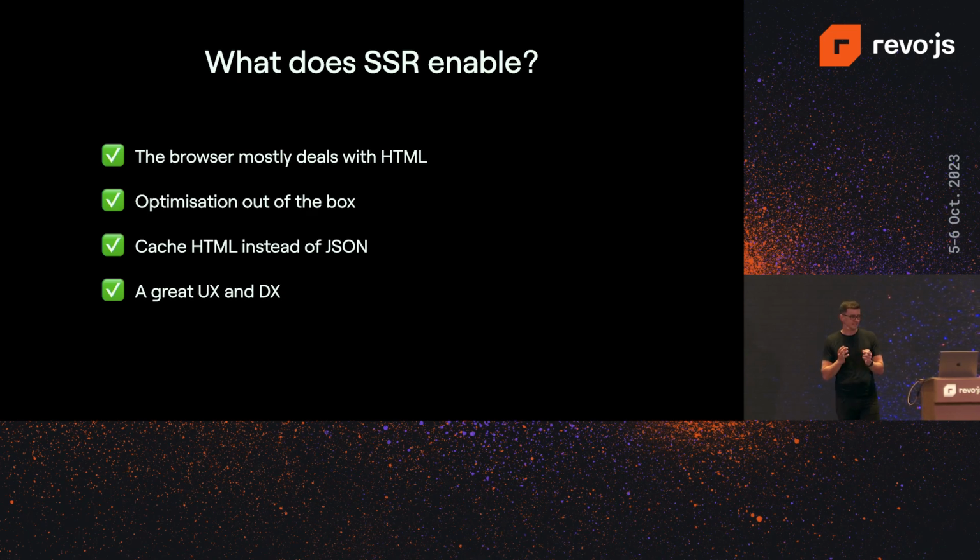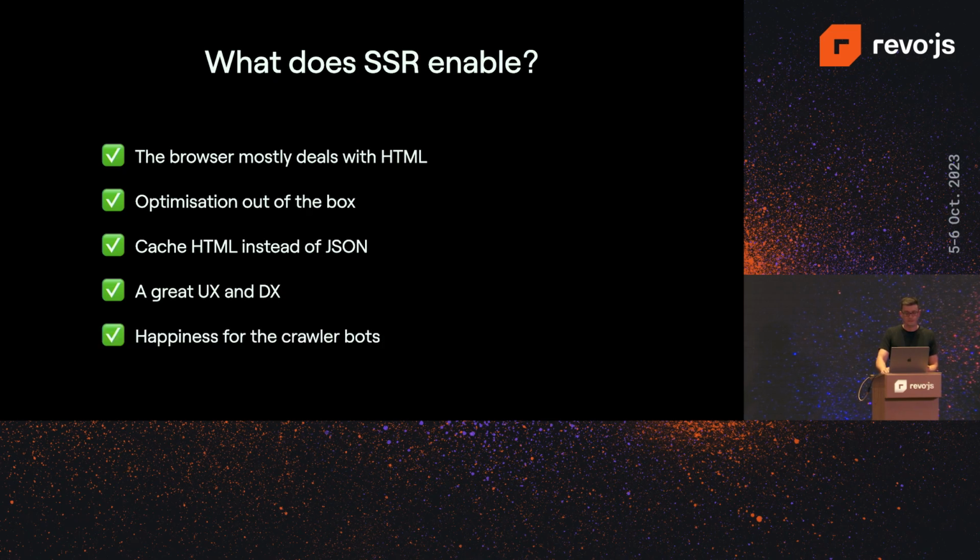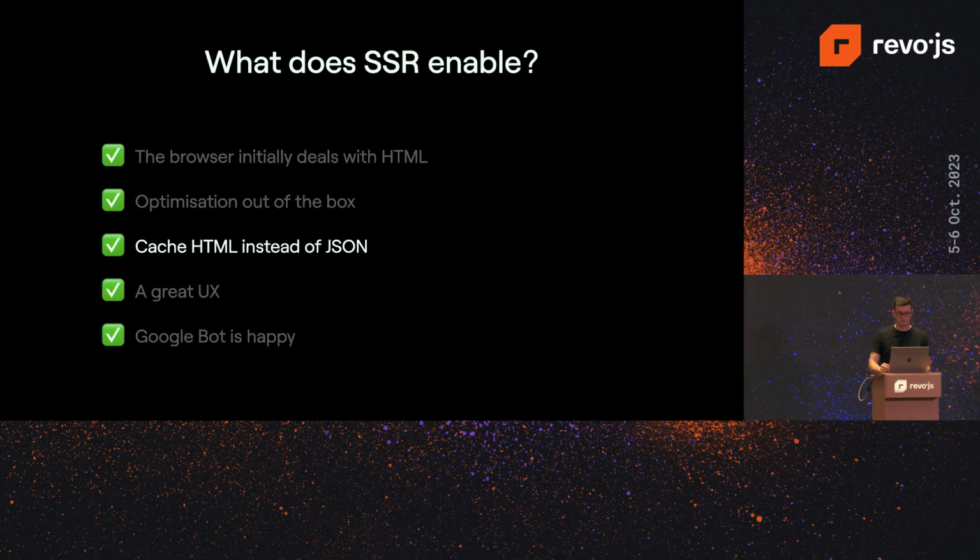It's much simpler than just getting back an empty HTML, and it's also very fast because browsers can actually render HTML. And then the crawler bots are happier than usual because they don't have to do an extra step to download their JavaScript, parse the JavaScript, run it, and make it work.